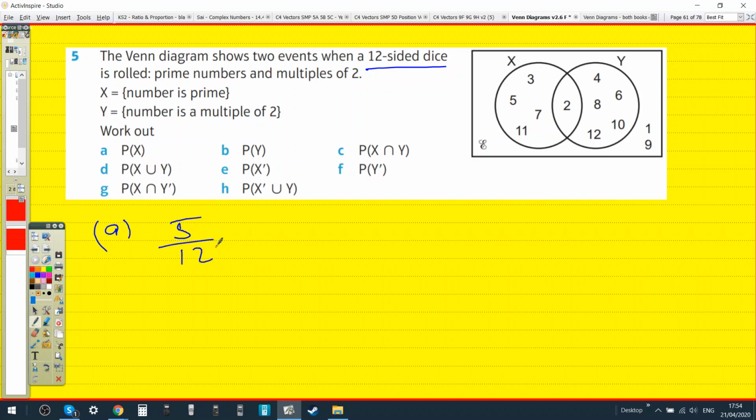How about probability of Y? How about question C? Very good. That's it.